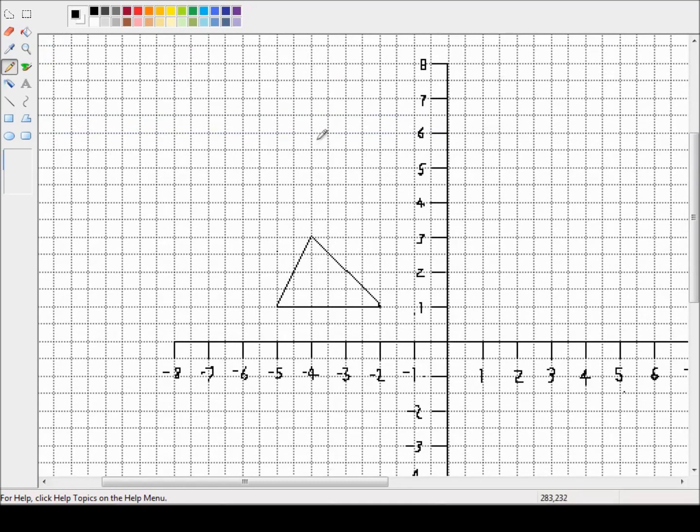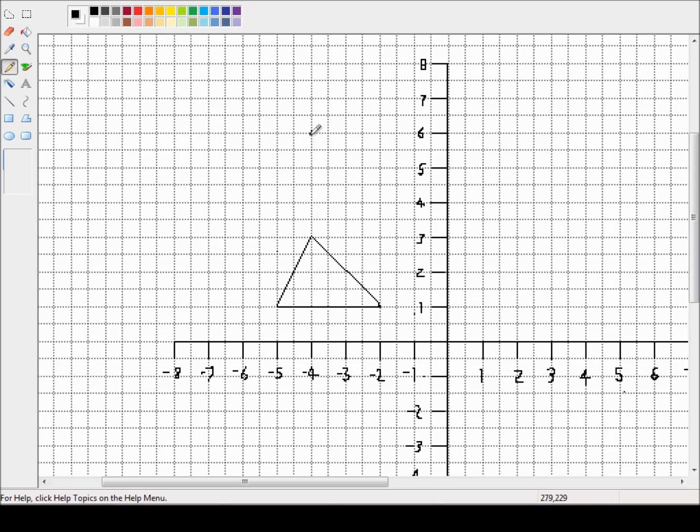So -4, 6 would put it from this point. Now I'm going to treat this point, -4, 6, as my new origin, and then I'm just going to do the same thing as I did in the last example.